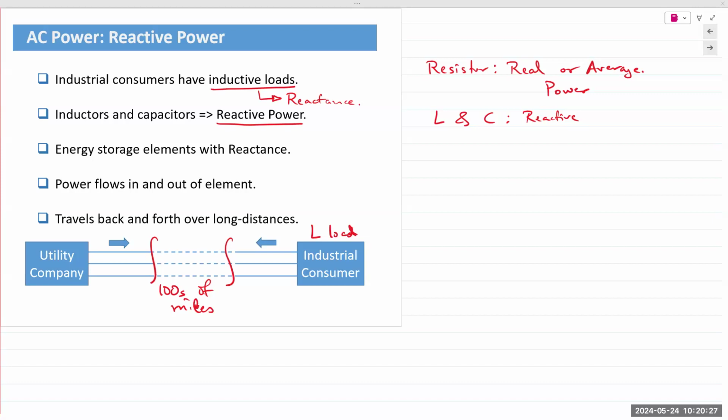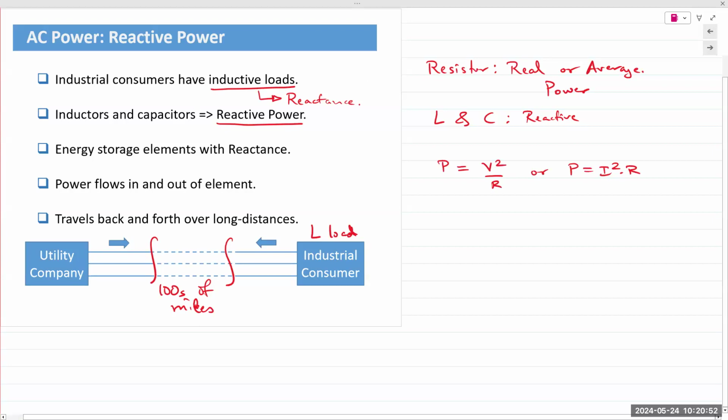Now, when power is transmitted over long distances, what happens? Power loss occurs. Okay, power loss occurs. The power loss, again, power is V squared over R, or I squared times R, chapter 1, right? Chapter 1.